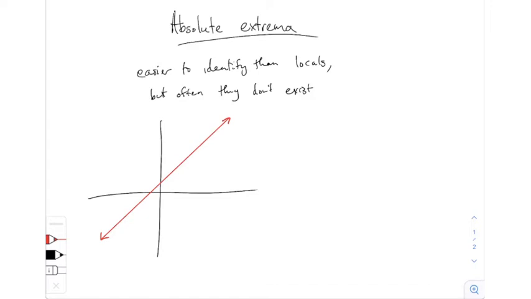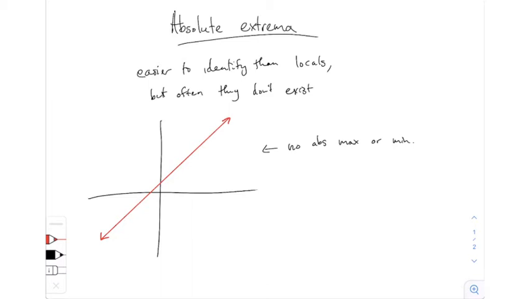But anyway, what I was saying, this one right here has no absolute maximum or minimum because it just goes up forever to the right and goes down forever to the left. So there is no top value or bottom value.